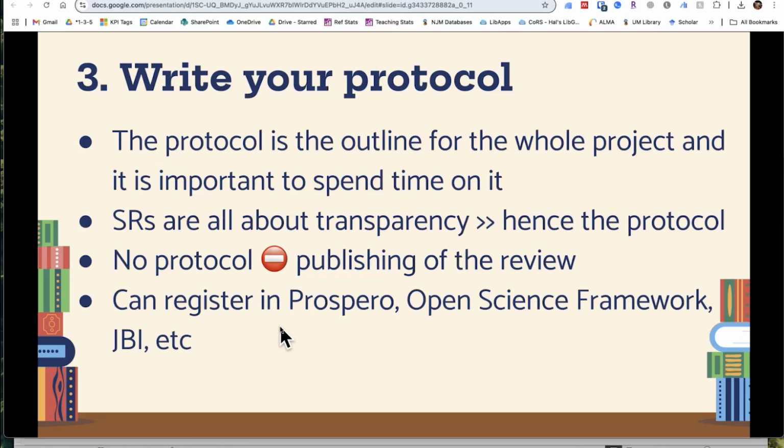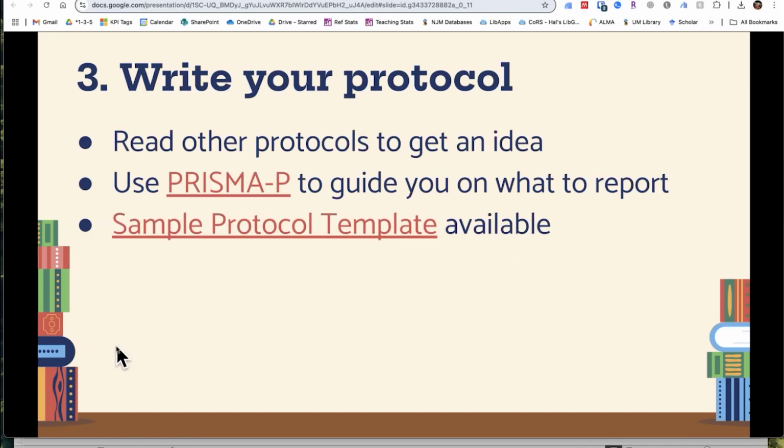So they don't just register it, they publish it, they go through the peer review process to get it published too. So that is also an option. As I mentioned, you can register it in Prospero or Open Science Framework or JBI, or you could try to get it published too. There are specific journals that publish protocols.